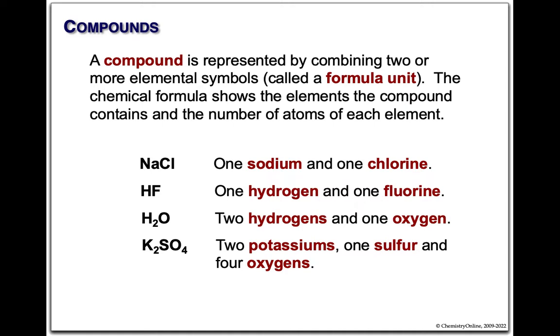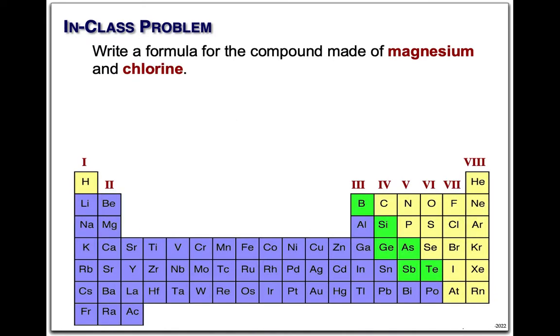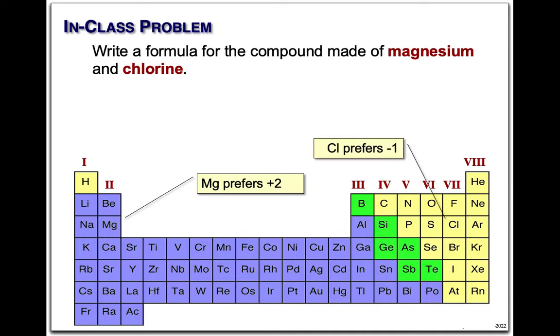Well, let's just write a simple compound or 2. Magnesium and chlorine. First thing we want to do is find them. Magnesium is here. Second group, it's a +2. Chlorine is here in group number 7, so it'll be a -1.